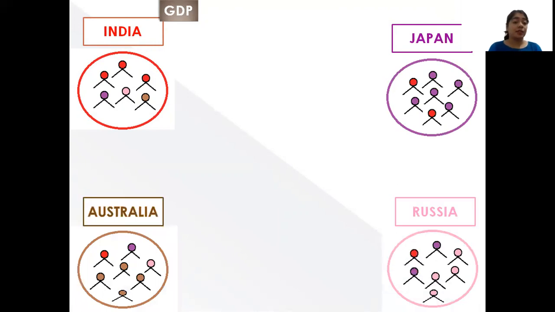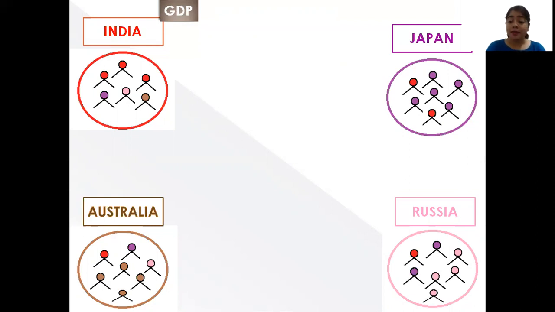So this red circle shows the boundary of India, purple, the boundary of Japan, brown, the boundary of Australia, and pink, the boundary of Russia. So, as we all know that in a boundary of a country, the residents of that country can work and get the income. Similarly, other countries' residents can also come, they can work and they can get the income in the boundary of a country.